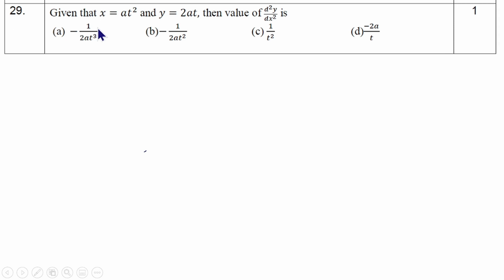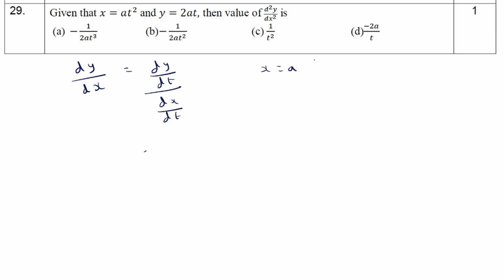The next question, given that x is equal to at square and y is equal to 2at, find the value of d square y by dx square. The various options are given here. So here we have to differentiate these as parametric functions. So dy by dx is equal to dy by dt upon dx by dt.